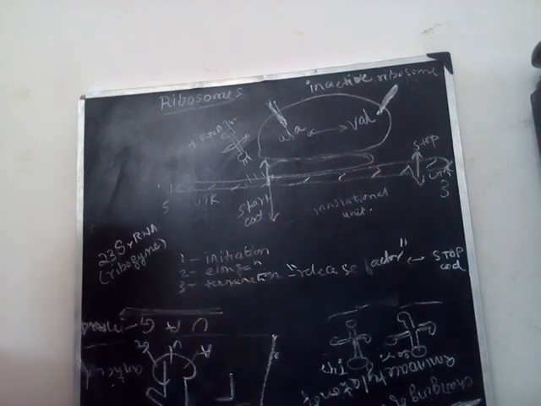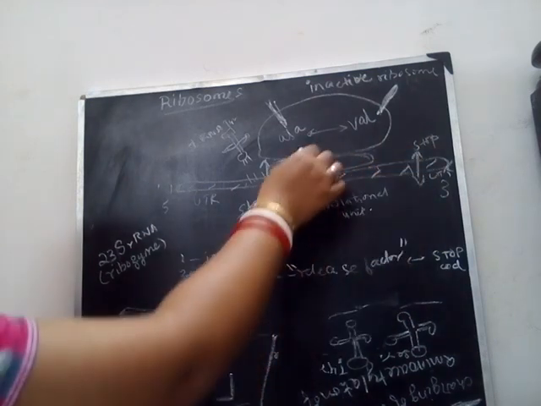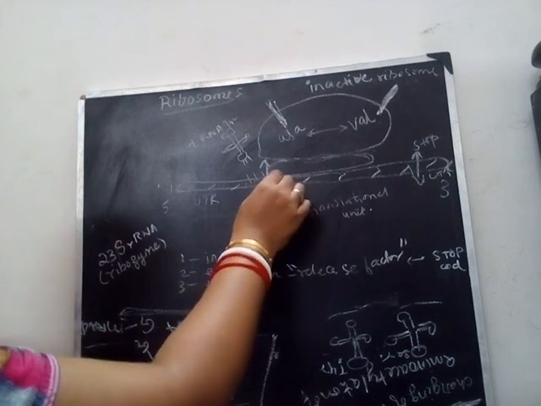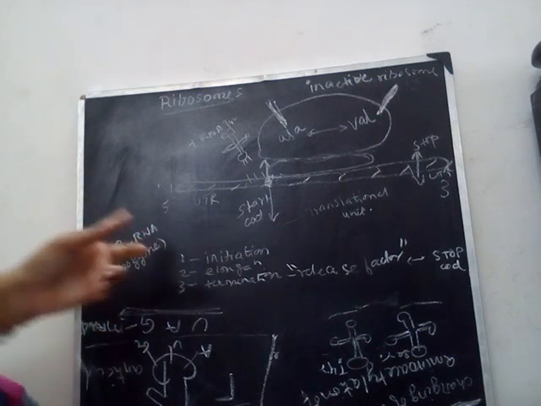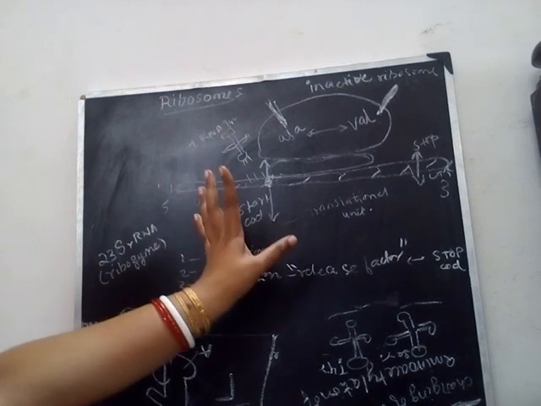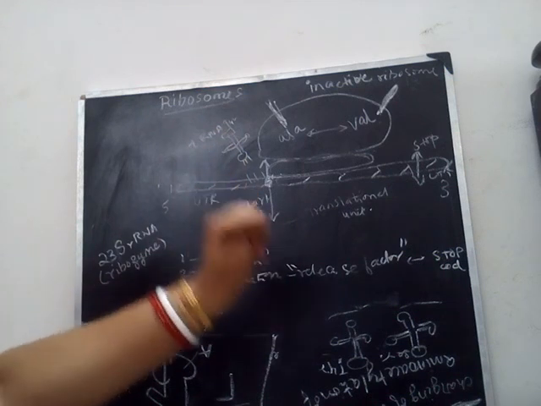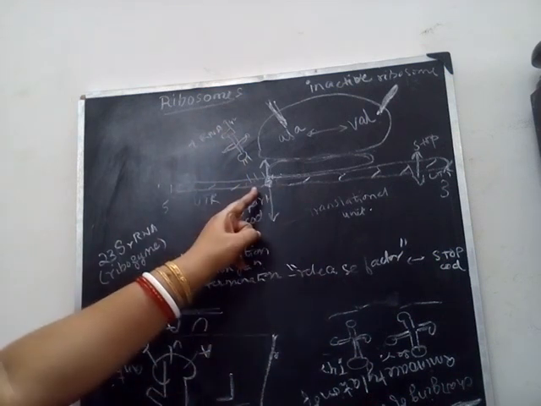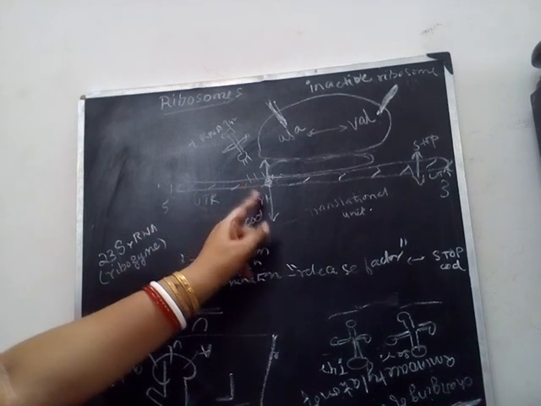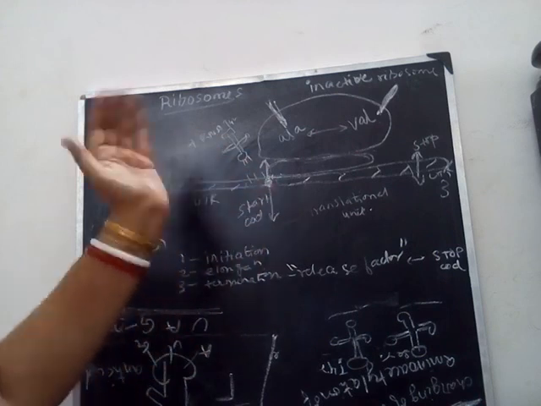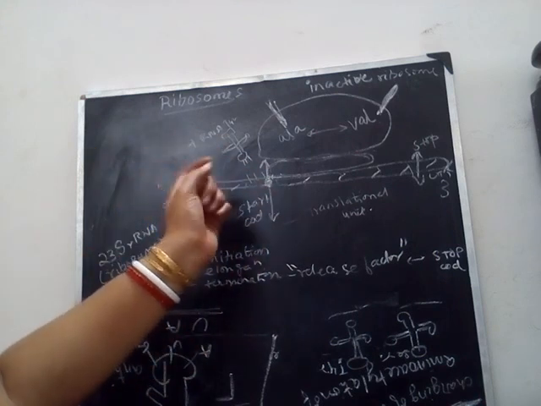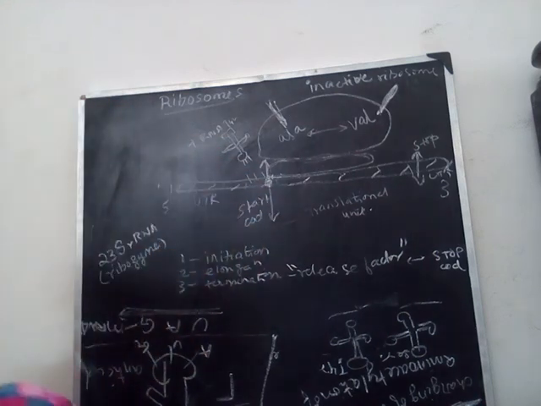When this subunit gets attached to this, there is one more thing called the initiator transfer RNA, the transfer RNA that will initiate the process of translation. Just like there is an initiator codon, AUG, you have an initiator transfer RNA for initiating translation.